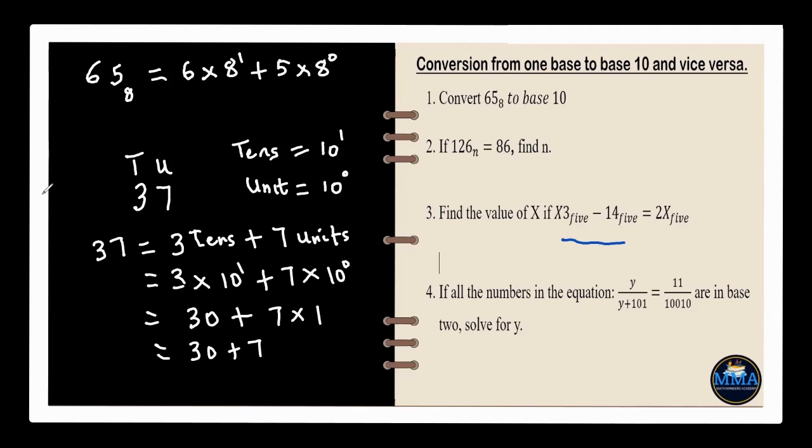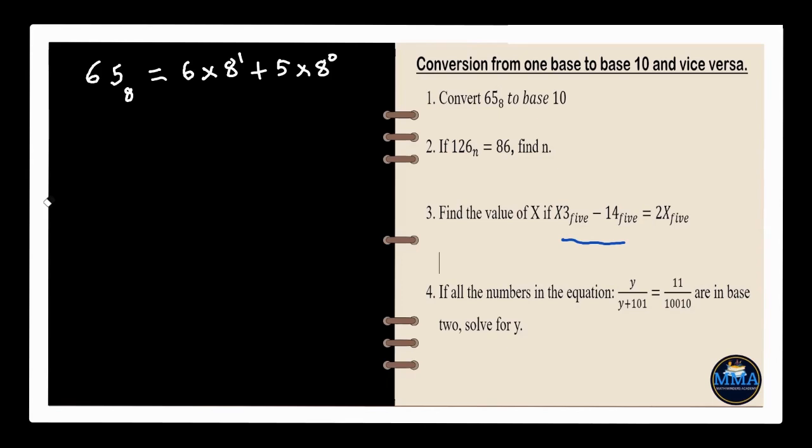Now, what will that give to us? This is going to be 6 times 8, that is 48, plus 5 times 8 raised to power 0, which is 1.